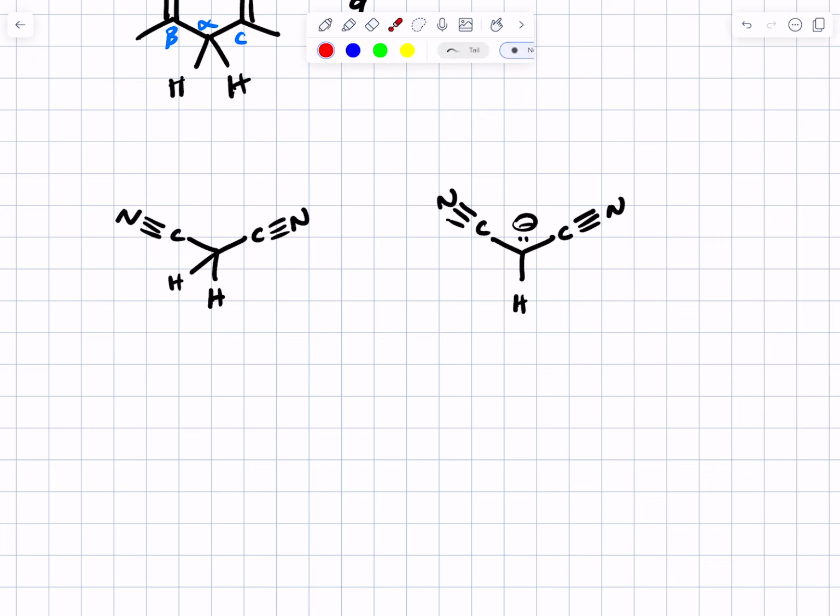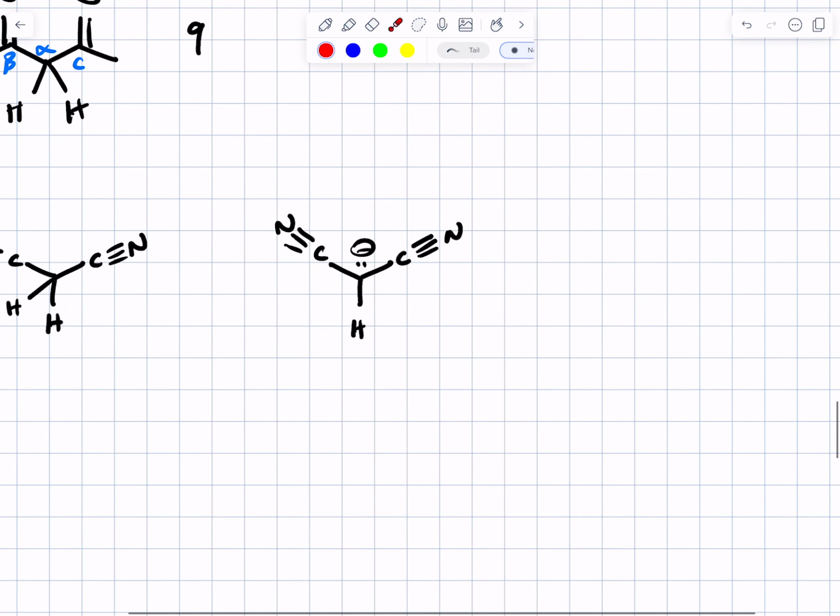Yeah, you've got carbon-nitrogen pi bonds. You've got an electronegative atom here, pi bonded to the carbon, which tells you that in the conjugate base, you should be able to draw a resonance structure in which you move the lone pair from the alpha carbon to form a pi bond with the nitrile carbon.